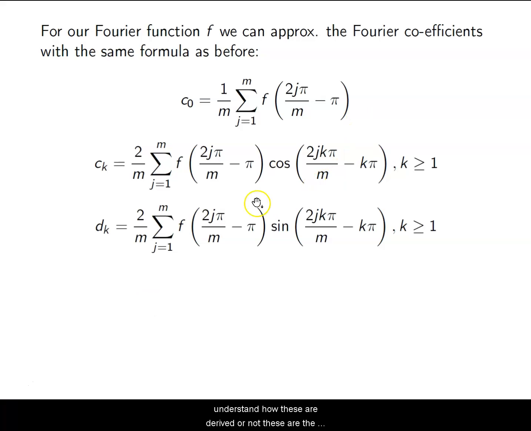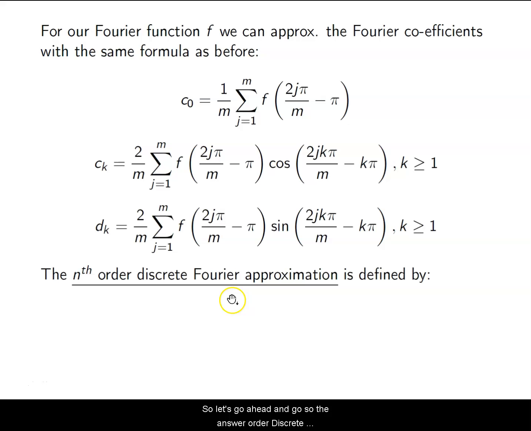So regardless if you understand how these are derived or not, these are the functions that we're going to use. Obviously I'm going to use them so you're familiar with how these work, but it's pretty straightforward. You're just plugging in these values, okay? So let's go ahead and go.